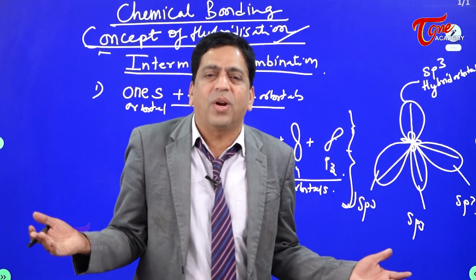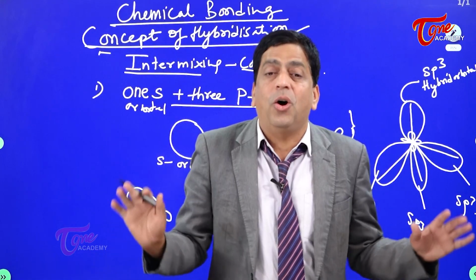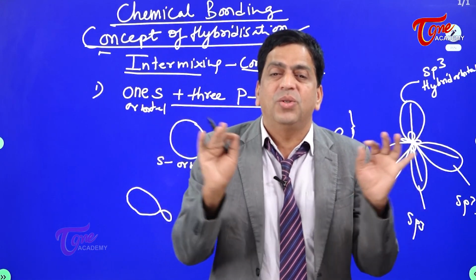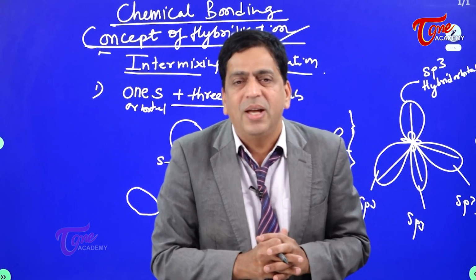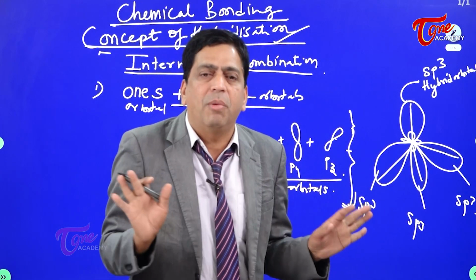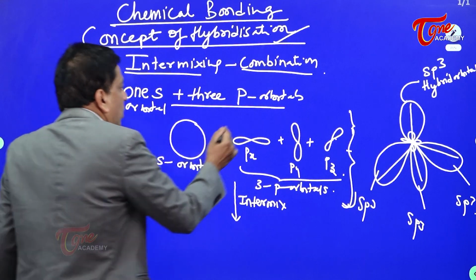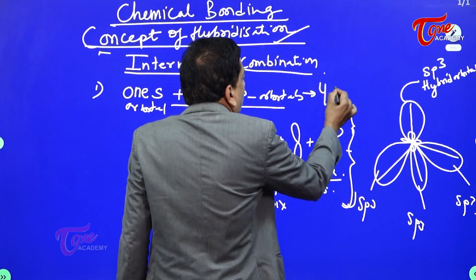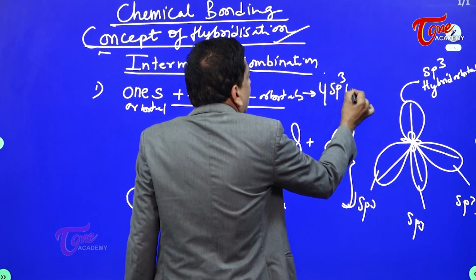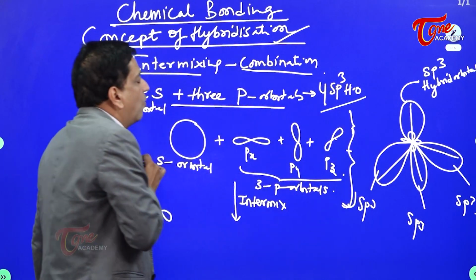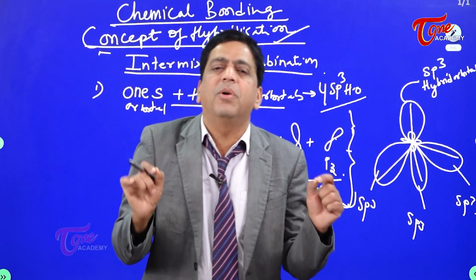I generated 4 sp3 hybrid orbitals, right? All this is happening before bonding. So this is the first combination I have. 1 s and 3 p orbitals generate 4 sp3 hybrid orbitals.